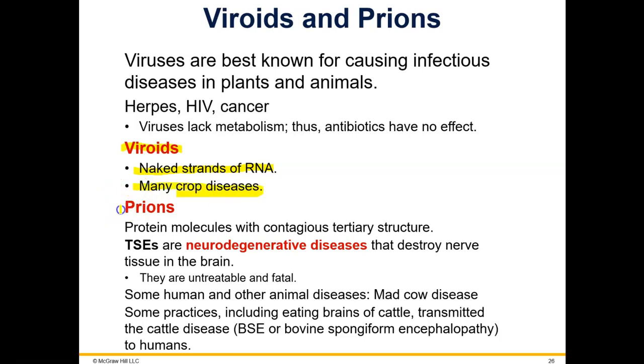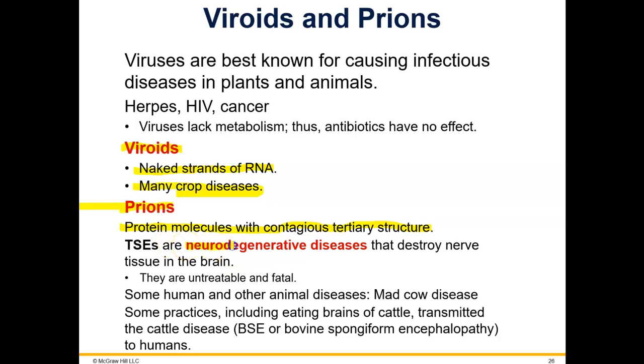Prions are proteins, and they are proteins with a contagious tertiary structure. You may remember that proteins have 4 levels of structure, and that tertiary structure is their final 3-dimensional shape. So prions cause TSEs, which are neurodegenerative diseases.